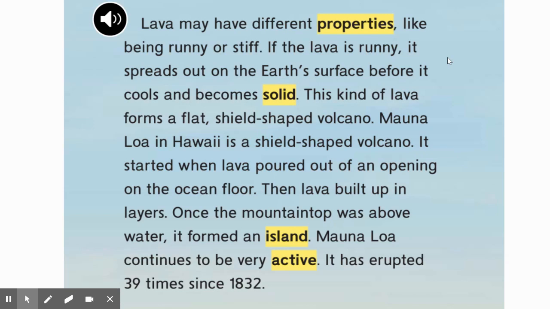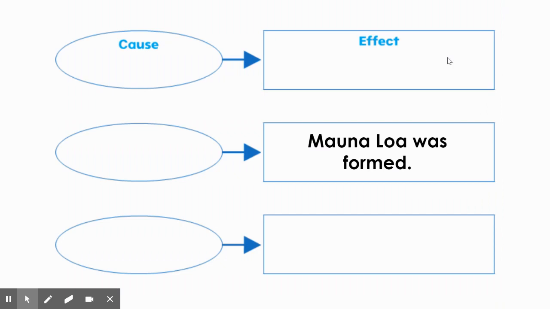That is the effect. Right there, it says once the mountaintop was above water, it formed an island. And so Mauna Loa formed an island. So that is my first effect. Mauna Loa was formed. So go ahead and pause and write down this effect before I ask my next question.